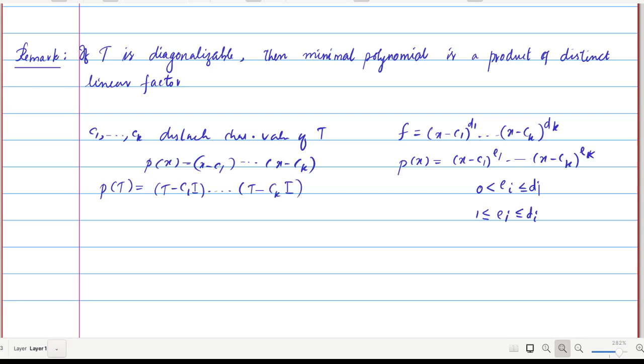Since T is diagonalizable, there exists a basis B consisting of the vectors alpha 1 etc. alpha n.